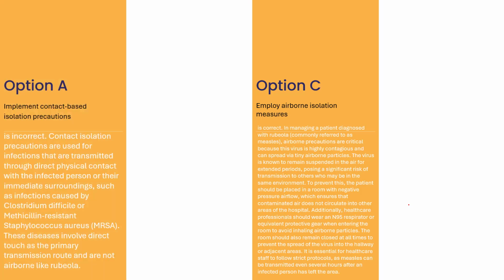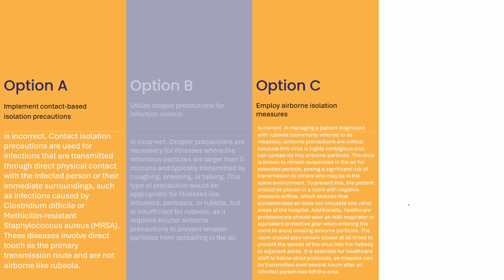A is incorrect. Contact isolation precautions are used for infections that are transmitted through direct physical contact with the infected person or their immediate surroundings, such as infections caused by Clostridium difficile or methicillin-resistant Staphylococcus aureus. These diseases involve direct touch as the primary transmission route and are not airborne like rubeola.